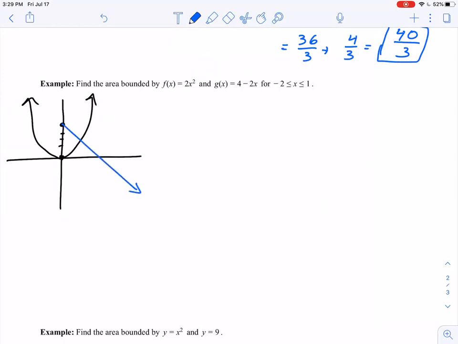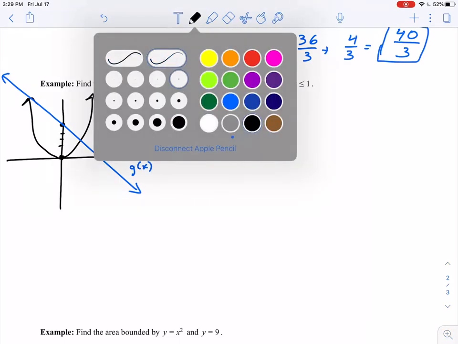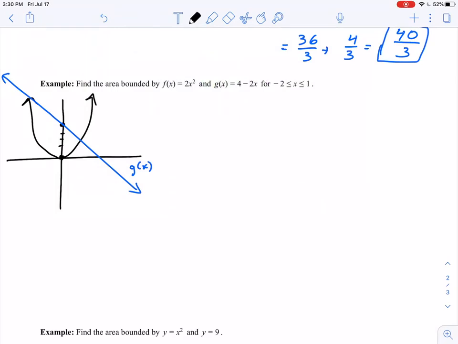It's got to look something like this. So this is g of x, and this is f of x. And we're looking for the region between negative 2 and positive 1. So I'm looking for, I would assume, this region right here.